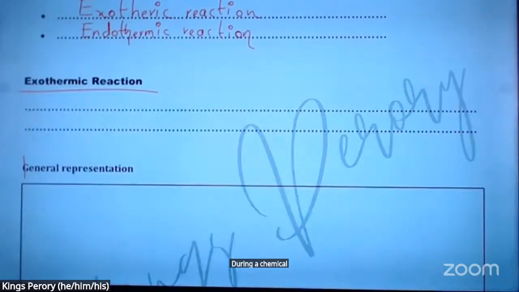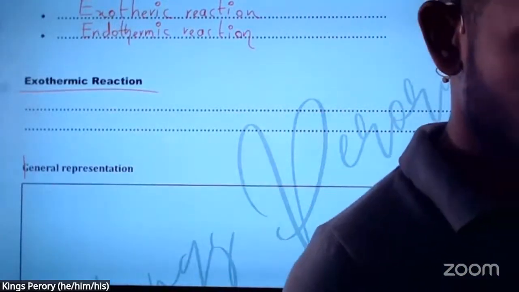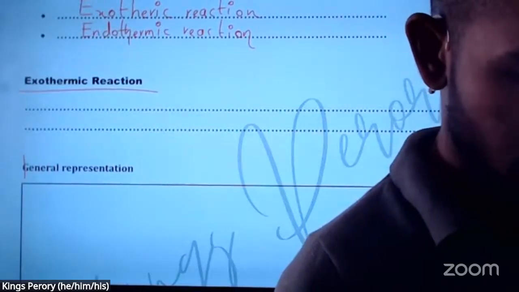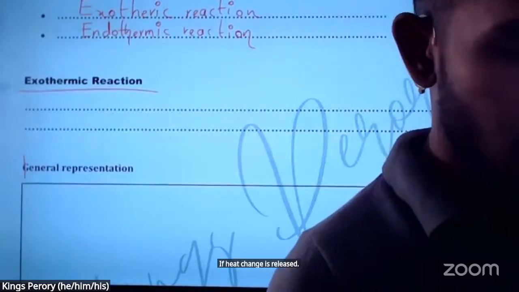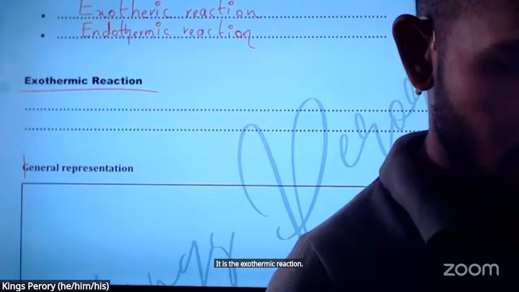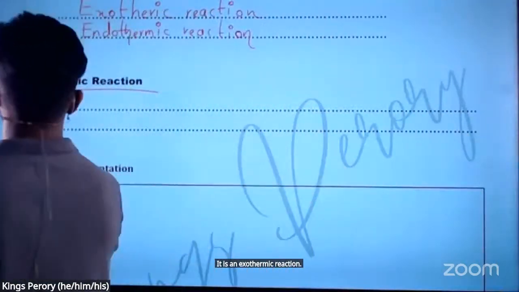During a chemical reaction, if heat energy is released, it is an exothermic reaction.